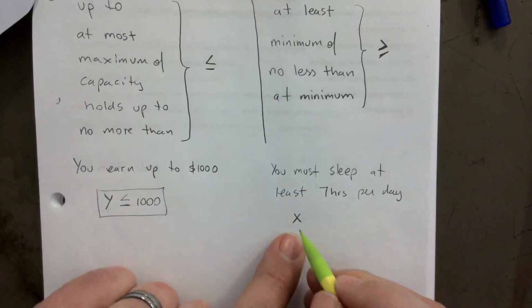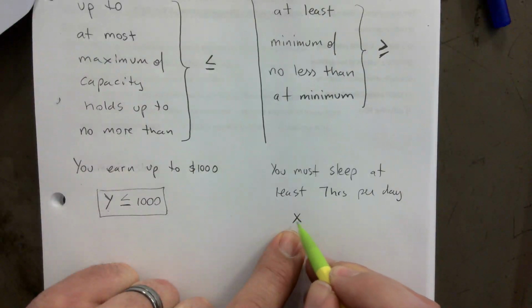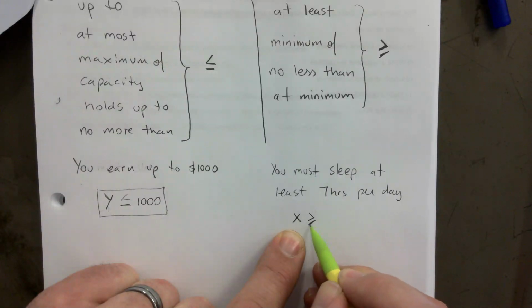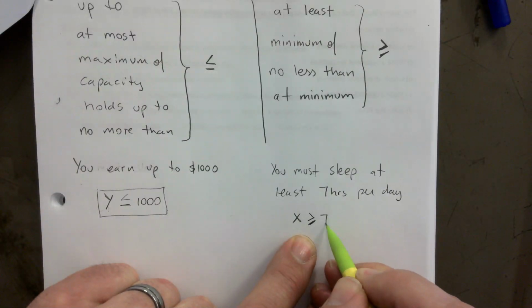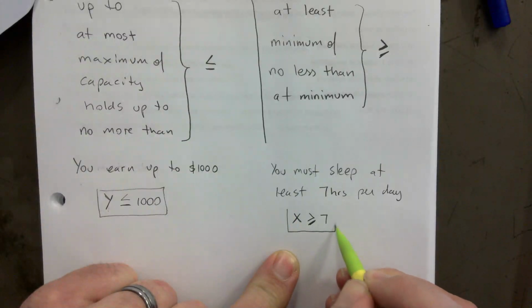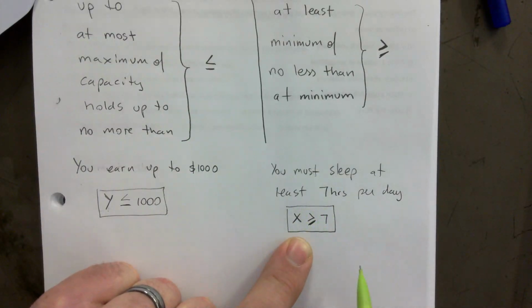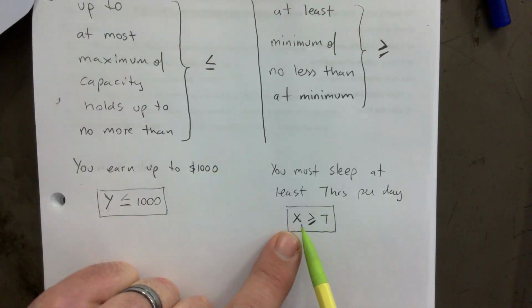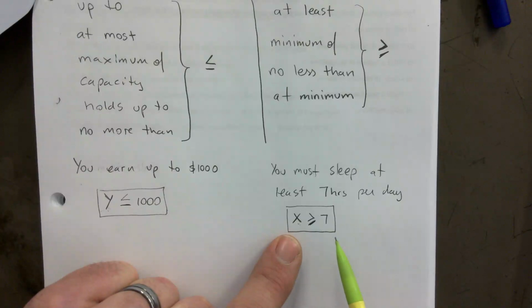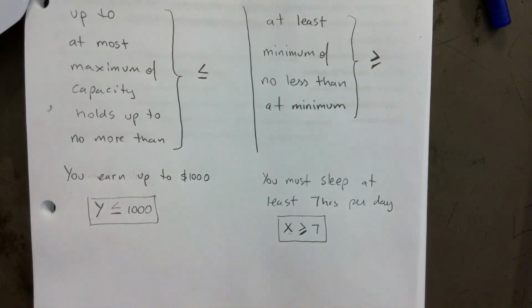If it says at least, then X has to be greater than or equal to 7. That would be the statement you would want to write. So if you slept 8 hours, you're fine. 9, 10, 11, 12, 13, right? You can actually sleep exactly 7, but if you sleep less than 7, this statement would be false.